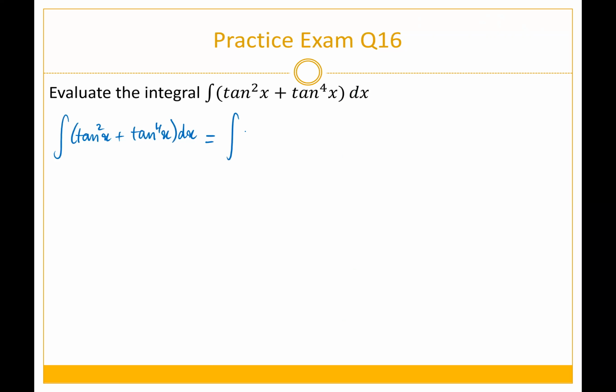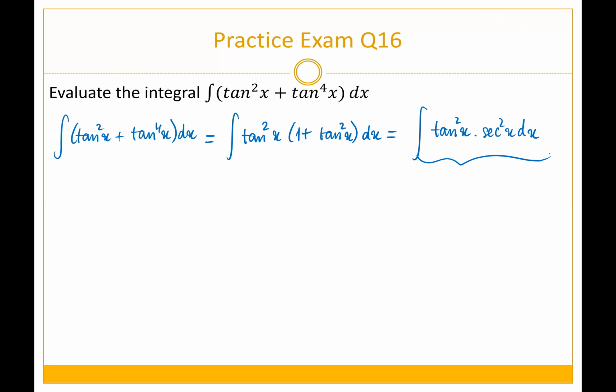So here, it is correct that we should pull tangent square out, and what we have left inside is 1 plus tangent square dx. What ends up giving us is tangent square multiplied by secant square x dx. Now, here is when we can use the u sub.